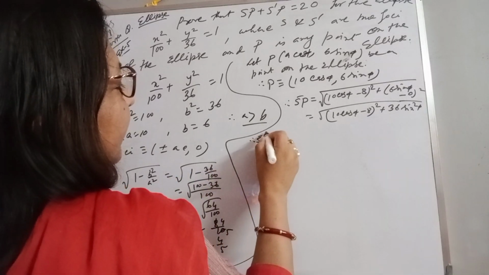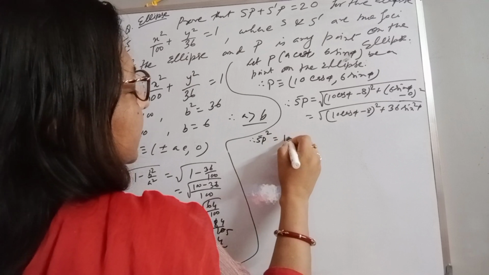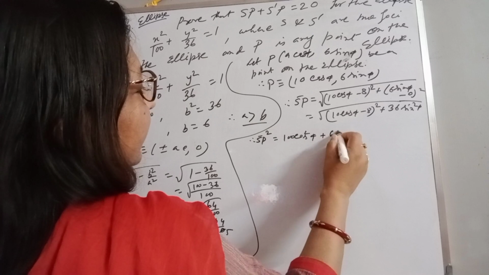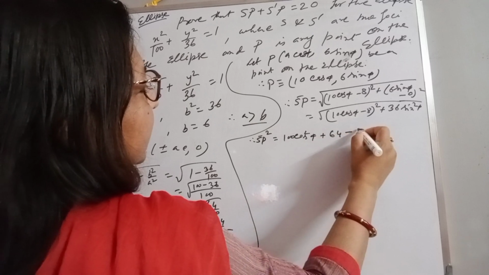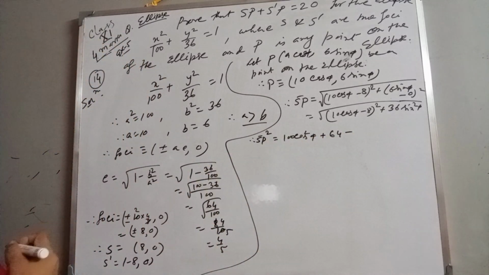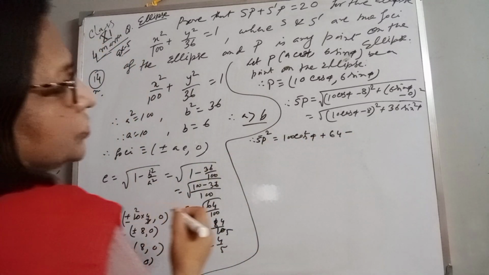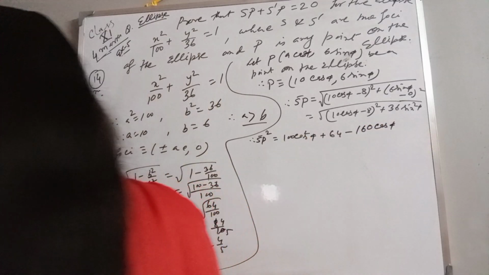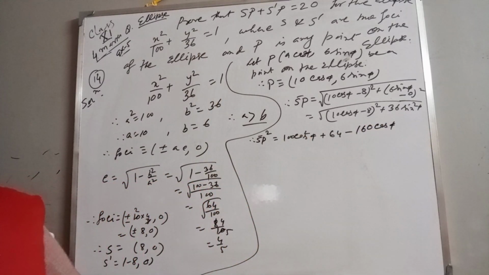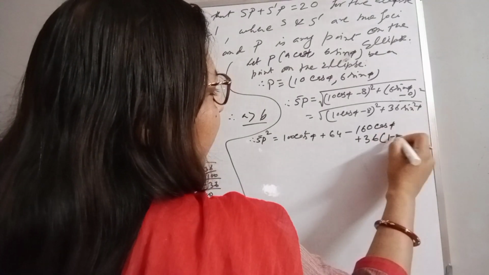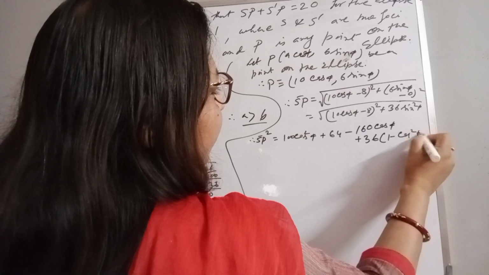Now SP square will be what? 100 cos square phi plus 64 minus 160 cos phi plus 36 sin square phi, we can write 1 minus cos square phi.